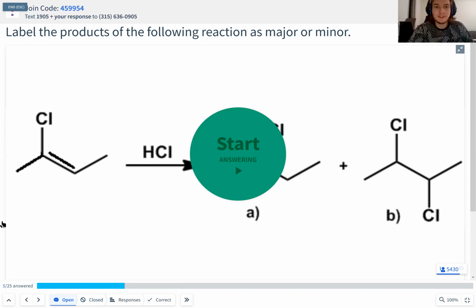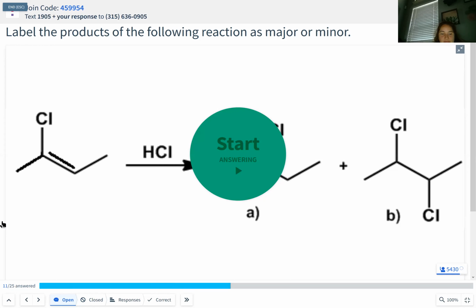Isn't Top Hat fun? It is, yeah. I think it would be much better if we weren't also on Zoom. Plus, I hear talking coming from the office, so I think my husband is on Zoom as well, which is not helping. I don't know.